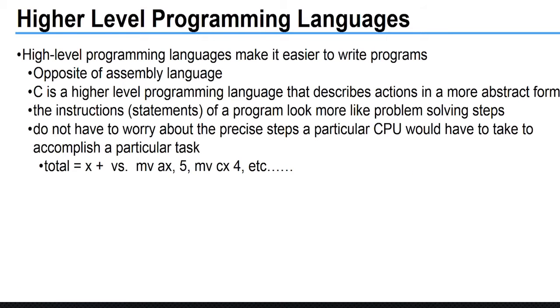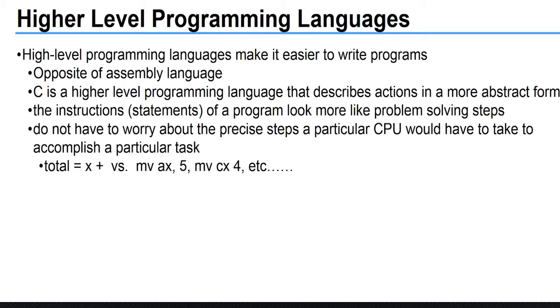Next, higher level programming languages. Higher level programming languages make it easier to write programs, and they are the opposite of assembly language. Assembly language means machine language, a language understood by the machine.